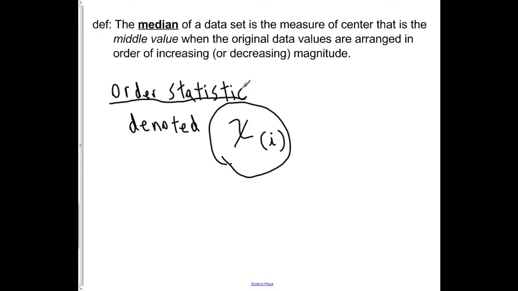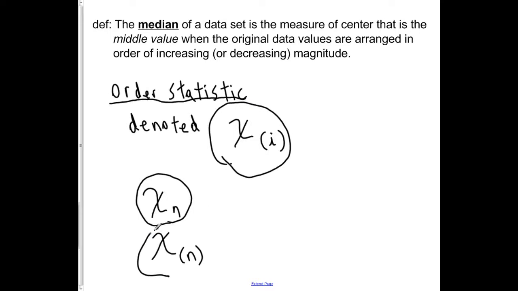All right, the next thing I want you to notice is that not only xn, but also x with a parenthetical n, the order statistic, both represent the last data value in the data set. This one, xn, is the last data value when the set is not arranged in any particular order.